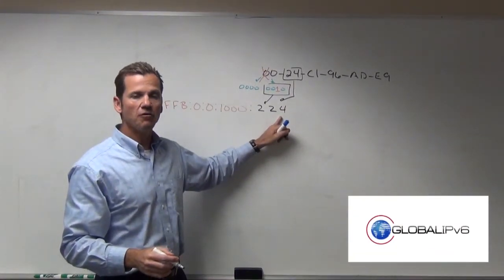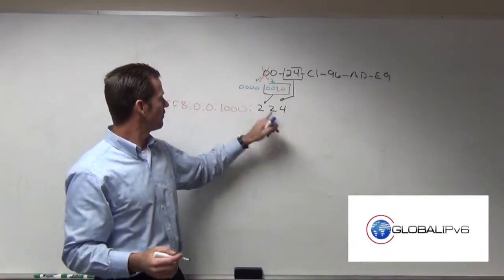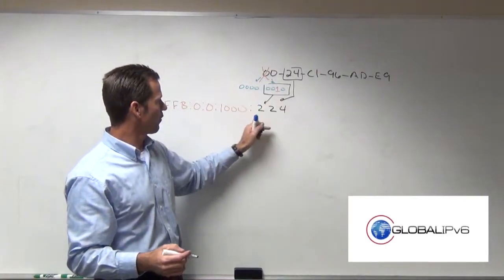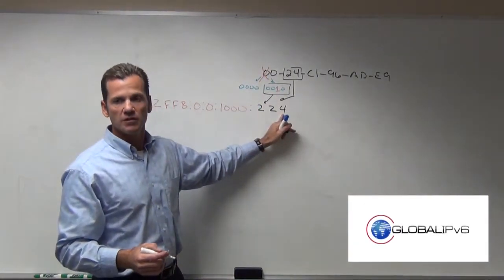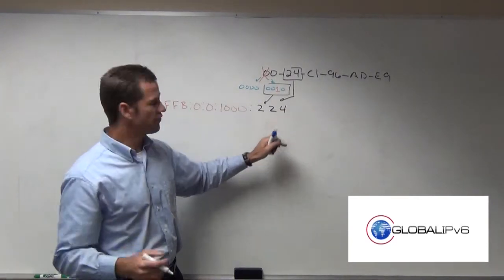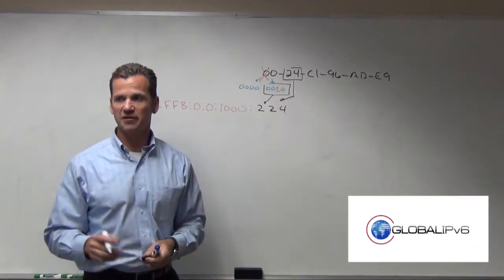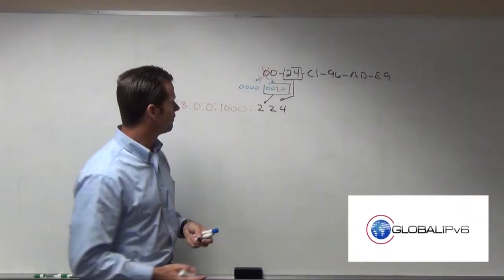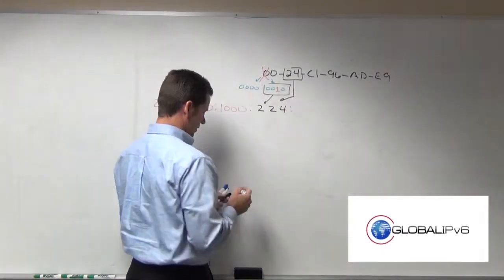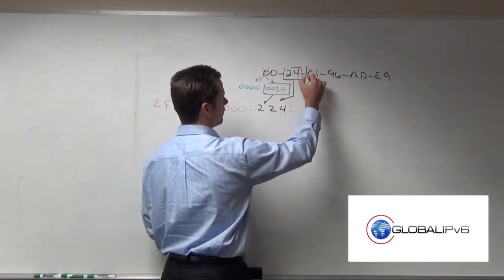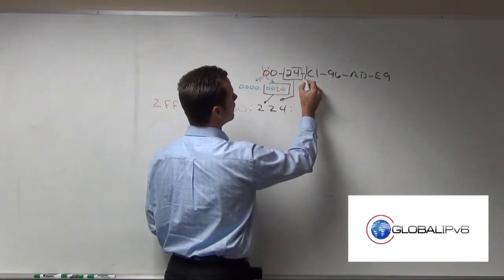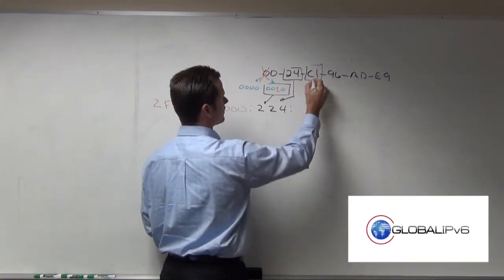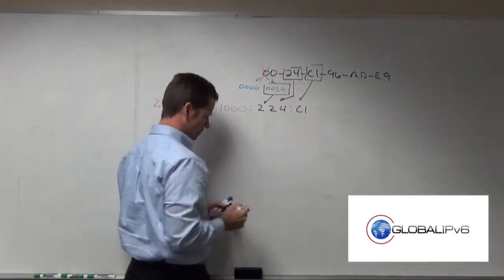Even though you only see 12 bits, since the leading zeros drop, there really are 16 because there's an imaginary 0 there that was dropped. The next field would consist of C1.